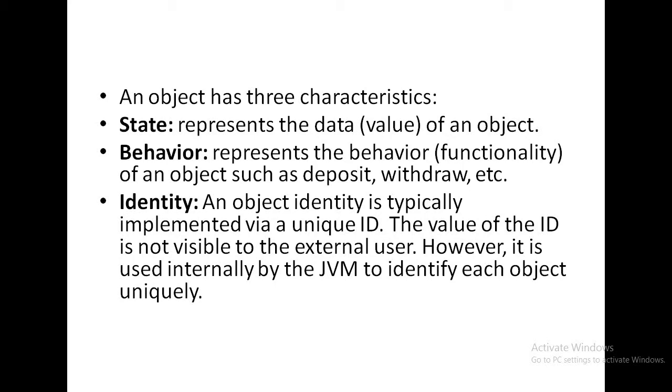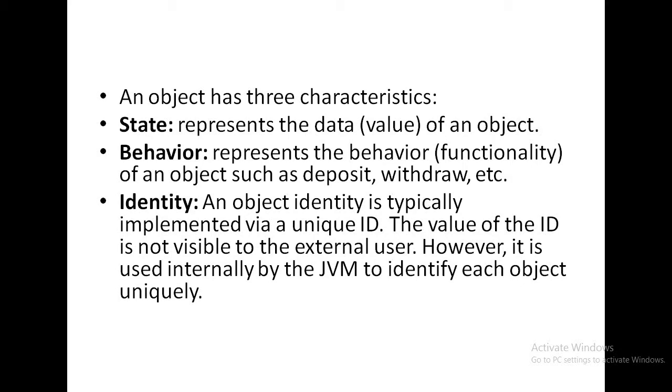Next one is the identity of an object. An object identity is typically implemented by a unique ID. The value of the ID is not visible to the external user. However, it is used internally by the JVM to identify each object uniquely. Object's identity means where the object is actually stored in memory. Okay.